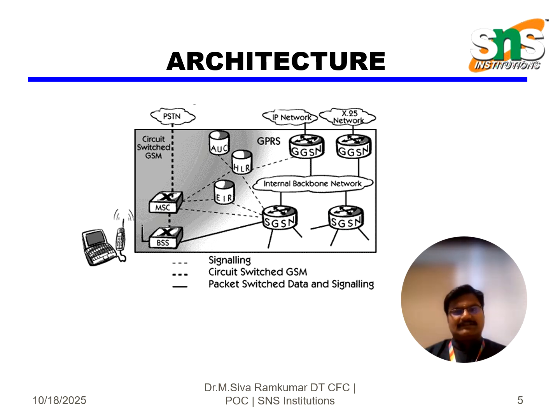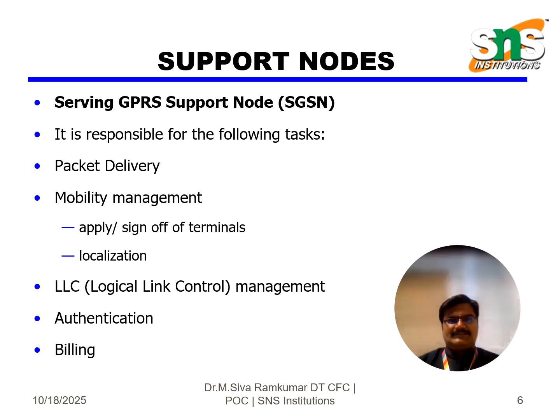Here, two key nodes come into play: the Serving GPRS Support Node and the Gateway GPRS Support Node. These two manage the transfer of data within the network, and the GGSN connects the network to an external IP network like the internet. Together, these components form a hybrid system that supports both voice and data services efficiently.